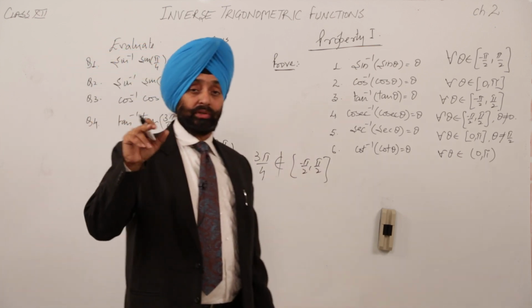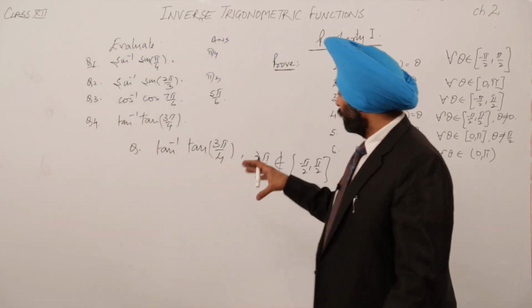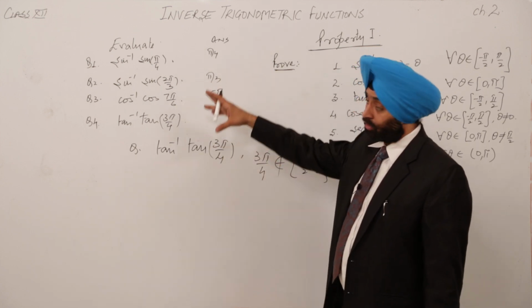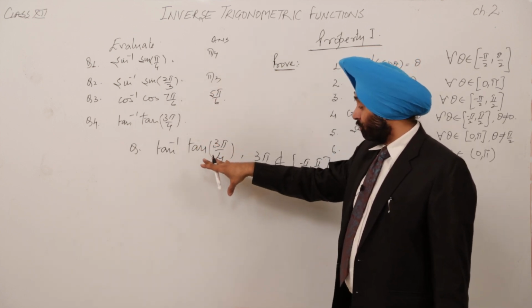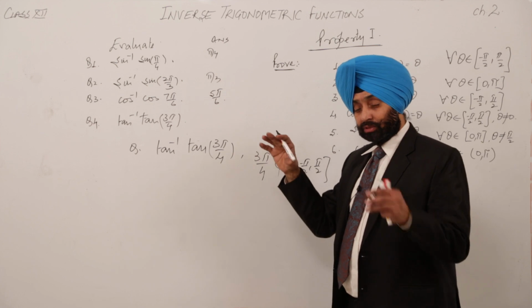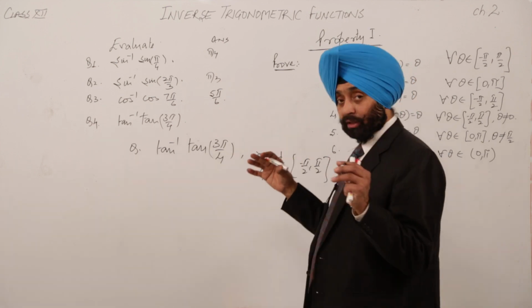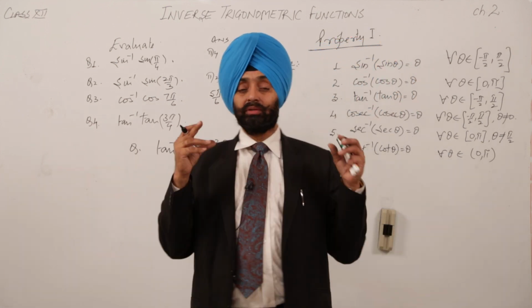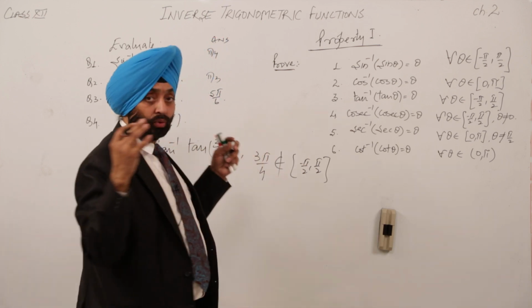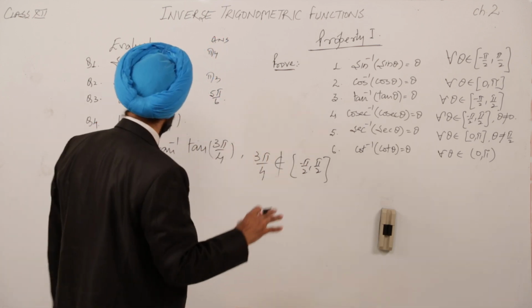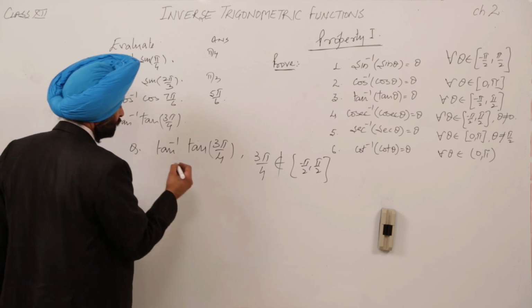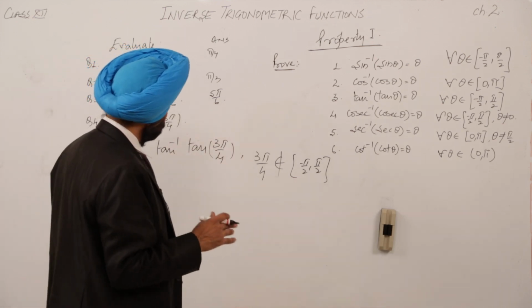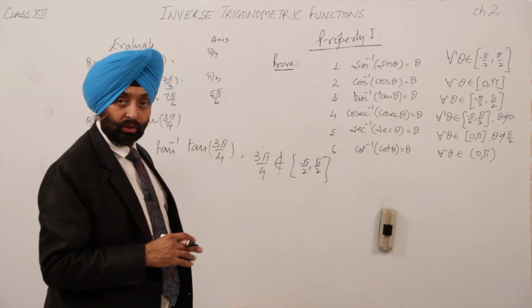Here be very careful with this tan part. I have given this question to you a little different from the rest of the 3 questions, so it is a little bit tricky. Not really tricky, you just have to give some tonic to your brain, and it is very easy. So 3 pi by 4 doesn't belong to minus pi by 2 and pi by 2.